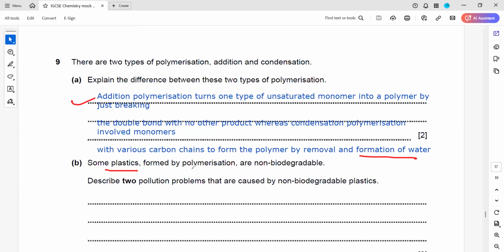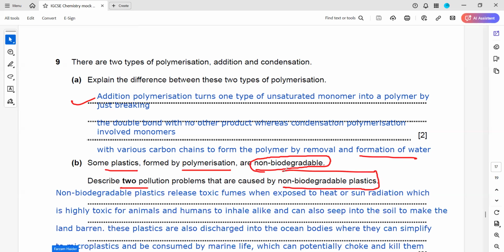Some plastics formed by polymerization are non-biodegradable. Non-biodegradable means it cannot break down. So describe two pollution problems that are caused by non-biodegradable polymers.